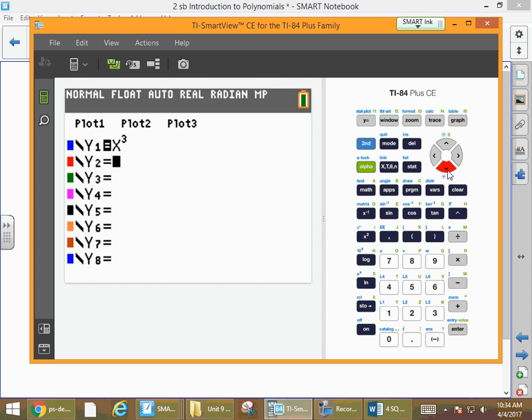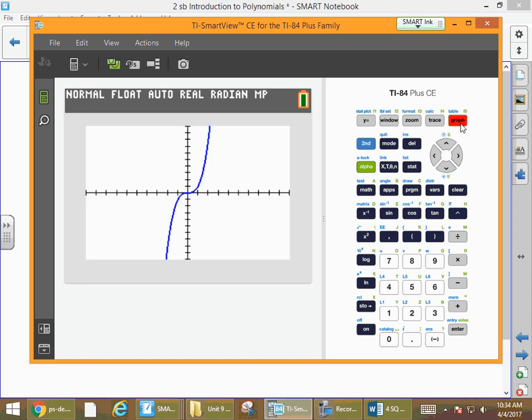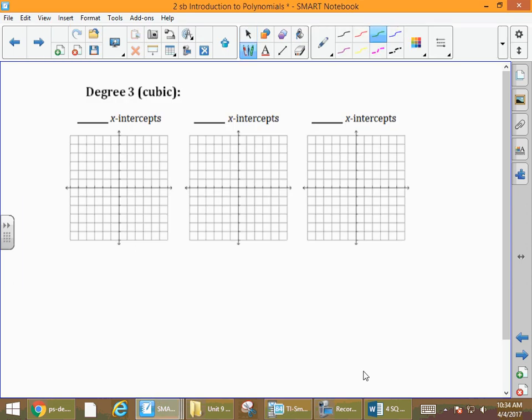This is the parent function of a cubic function, which we haven't really dealt with much. When we graph y equals x cubed, that is the picture that we get. So if we draw that one first here, what we see is that we cross the x-axis one time.